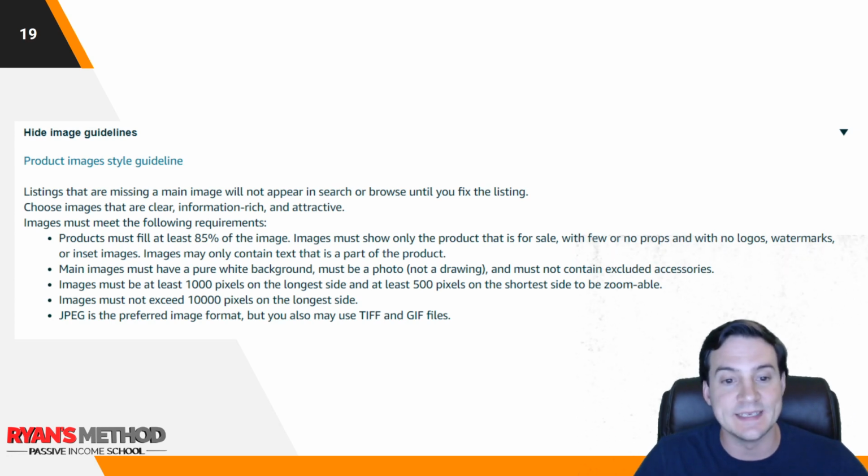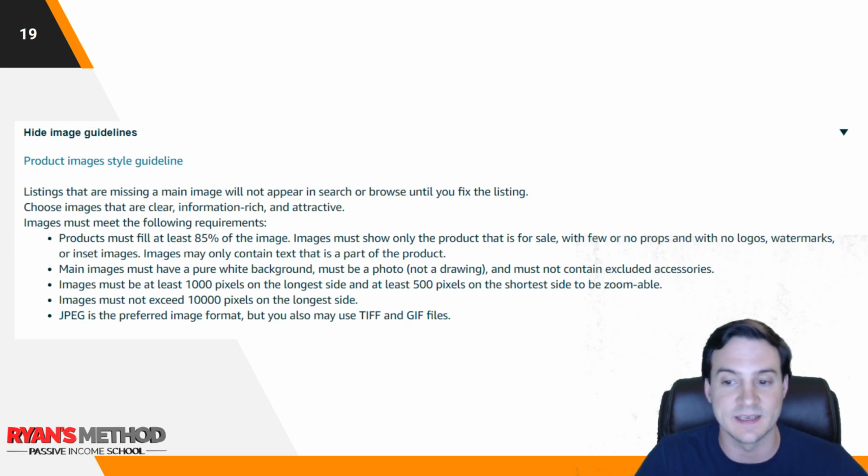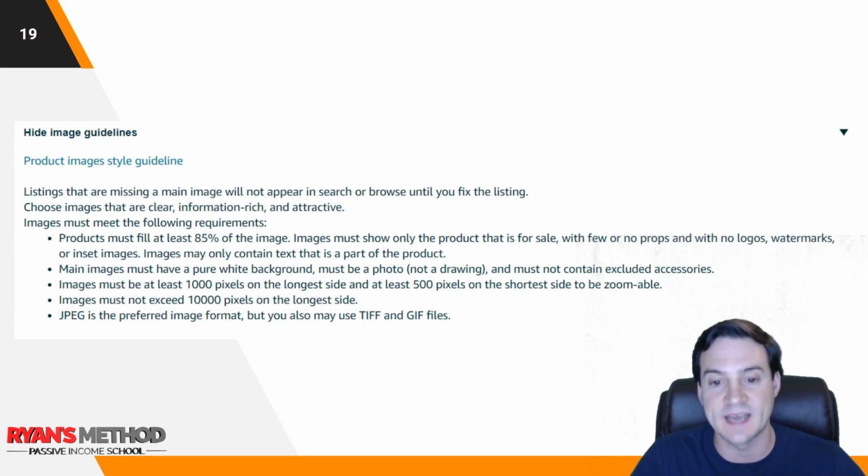Images may only contain text that is part of the product. Main images must have a pure white background, must be a photo, not a drawing, and must not contain excluded accessories. Images must be at least 1,000 pixels on the longest side and at least 500 pixels on the shortest side to be zoomable. Images must not exceed 10,000 pixels on the longest side.